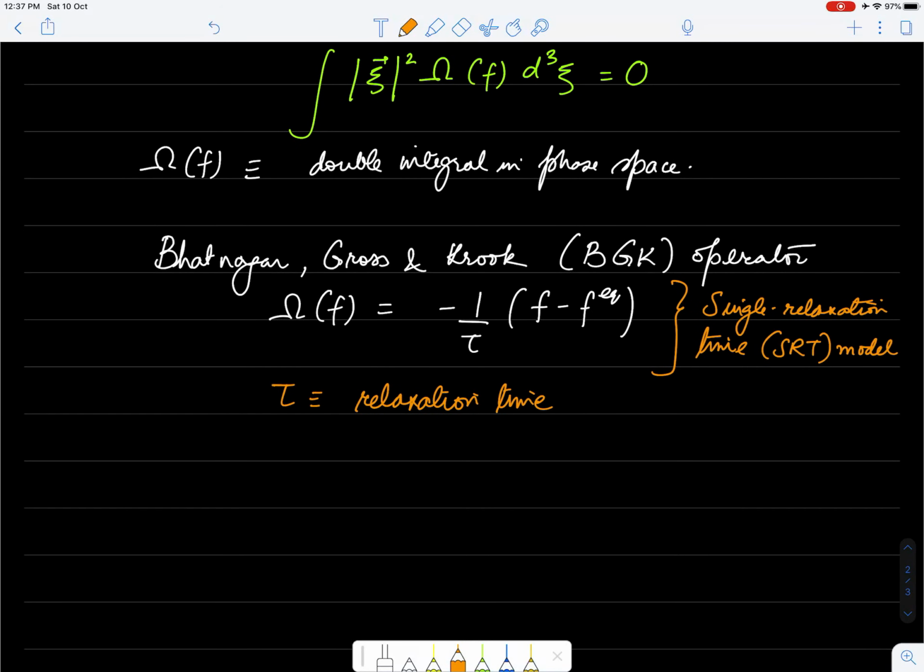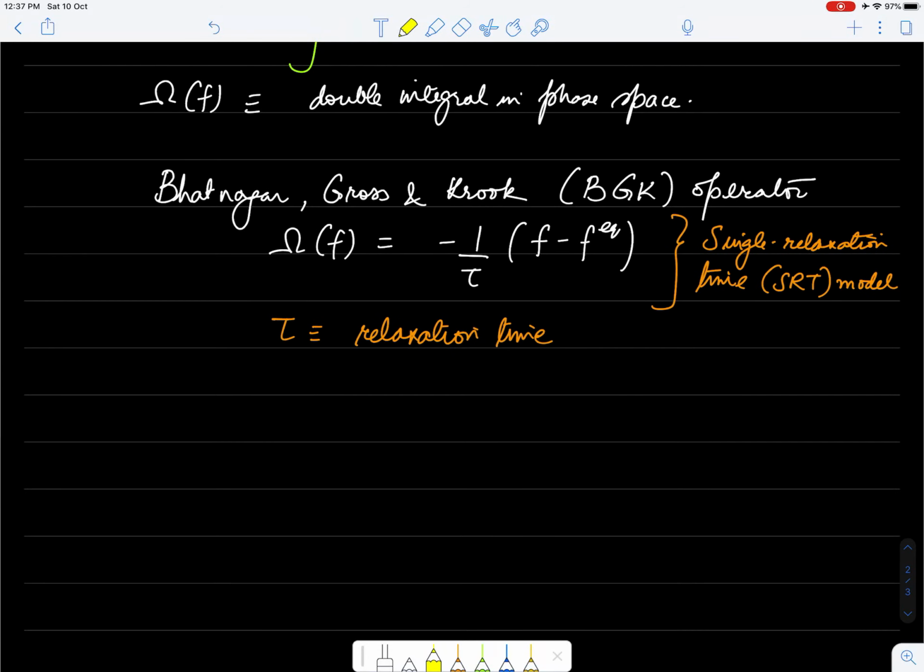Now, the reason this form is very important for the purpose of this course, and also for going forward in terms of calculations with LBM, is that first of all it captures the relaxation of the distribution function towards the equilibrium distribution. So the relaxation, which is a fundamental requirement. It captures the relaxation of f towards f equilibrium.